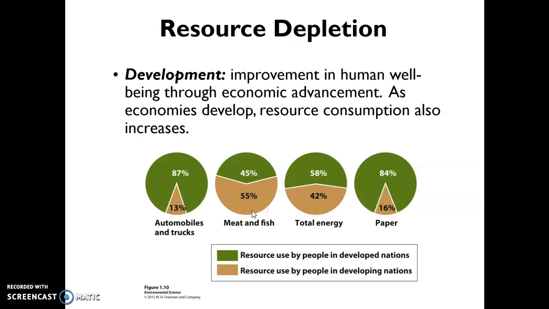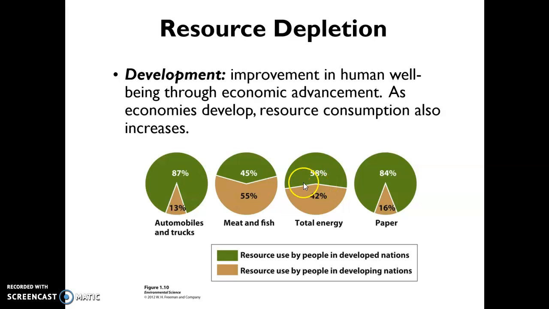Meat and fish, it's a little more even: 45% by developed nations, 55% by developing nations. The caveat here is that developing nations only make up a fraction of all nations. So we still disproportionately use this resource, but it's not as uneven.